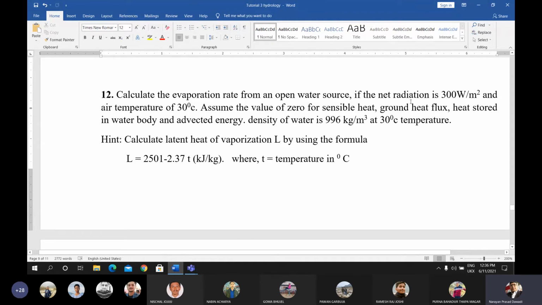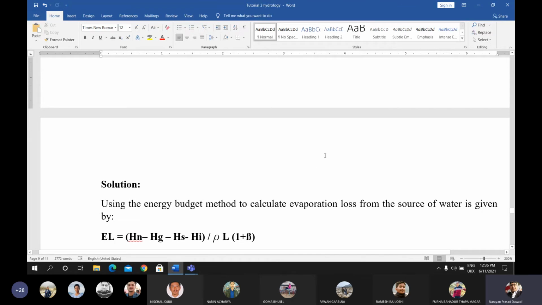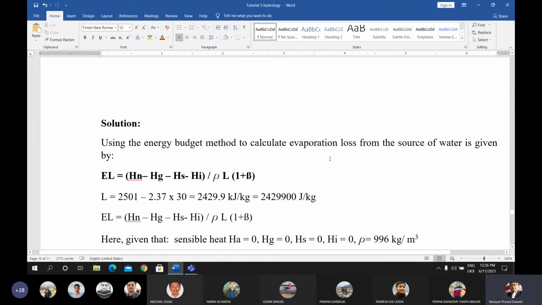If you see the net radiation from the surface, and consider sensible heat, ground flux, heat stored, advected energy, etc., this is for the energy budget method. The energy budget method is used to find the evaporation loss from the area. For this we consider Hn and beta for finding the evaporation loss.